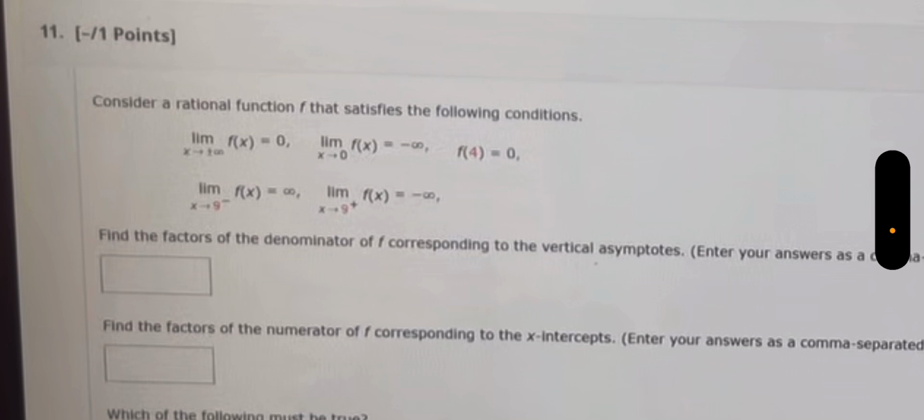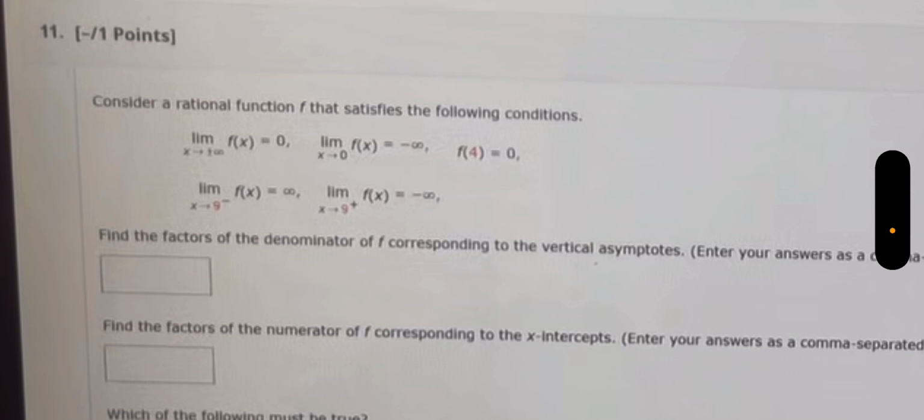Okay, so the vertical asymptotes, that's going to be where the limit as x approaches a number, then the y is going to tend to plus or minus infinity. So it looks like we got two cases, right? The limit as x approaches 0 is negative infinity.